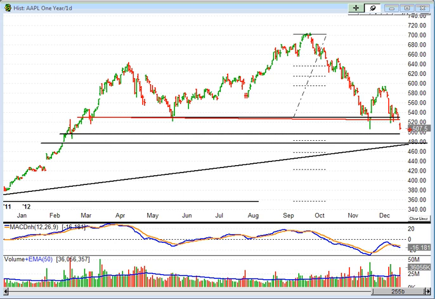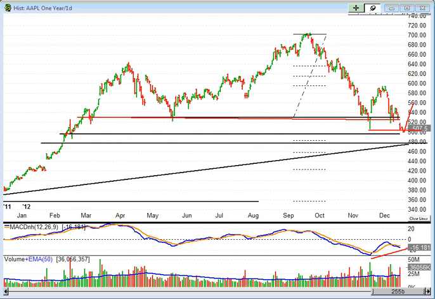If we could see this level hold, and let's say it comes down and then starts reversing, bouncing off this particular level somewhere around 497, which I have as a near-term possible support level, then we essentially see a divergence of the MACD here. And that could foretell some potential move on the upside, or at least a move back to this neckline, which is somewhere around the 524 area.